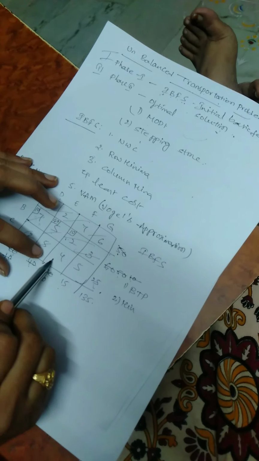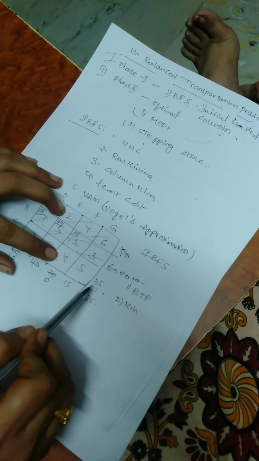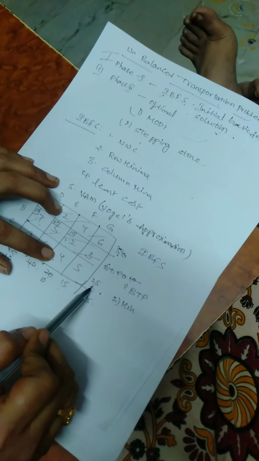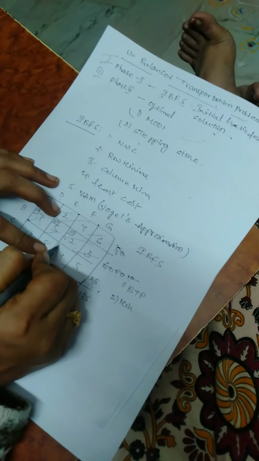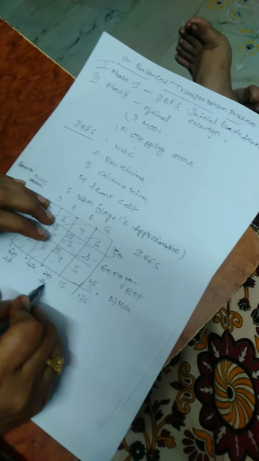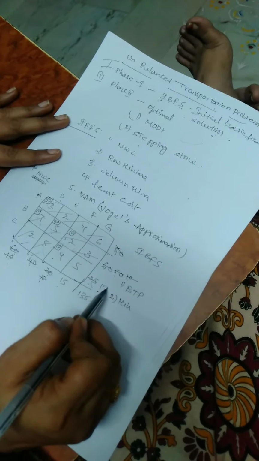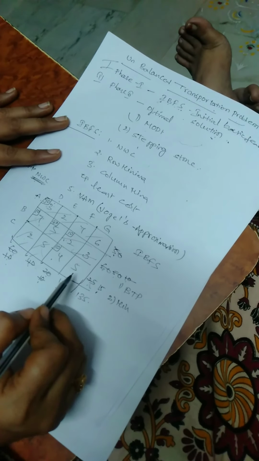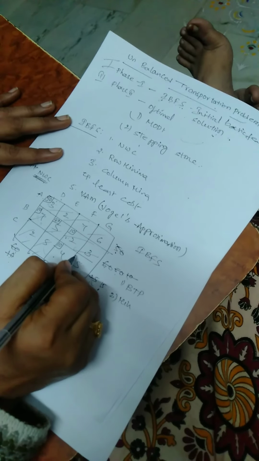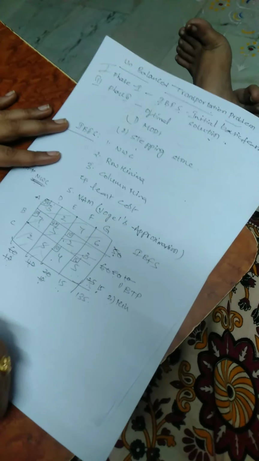Here it is the northwest corner, 20 units are to be supplied and 10 units are the requirement, 10 is less, so allocate 10, strike off this 10. Here 15: for this cell 15 units are to be supplied and 15 are the requirement, therefore allocate 15.